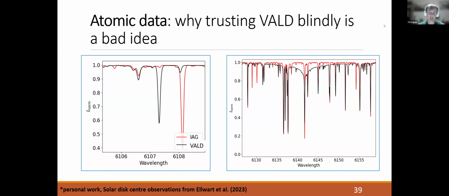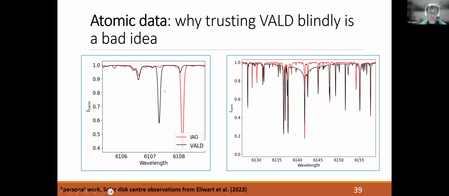These are just two examples that randomly occurred to me in the past weeks, so it was good timing. I computed some spectra with the raw VALD line list. I just computed from the VALD database for the spectral region and compared them to distant observations from the solar atlas.